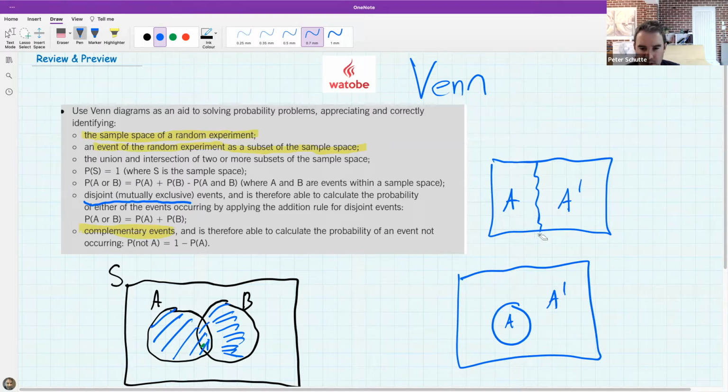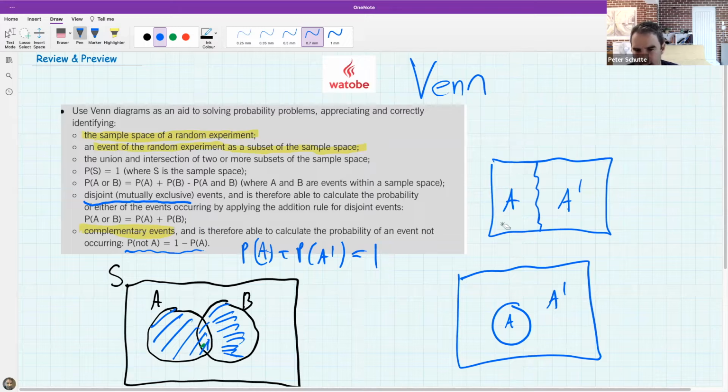Complementary events are mutually exclusive, but not only are they mutually exclusive, they add to the whole sample space if you add them together. You'll notice that A and A dash take up the whole region of the rectangle, and complementary events have this property. You can write it like this, or you could say it like this: the sum of the probabilities of two complementary events is 1.